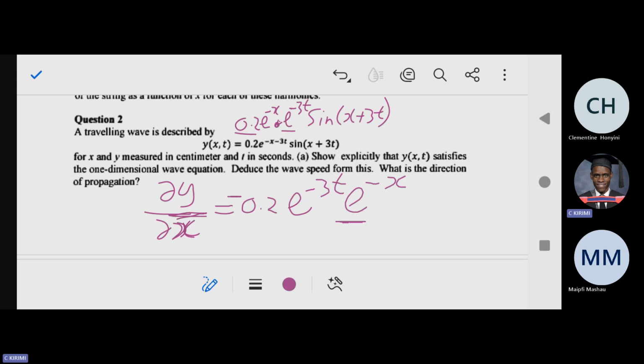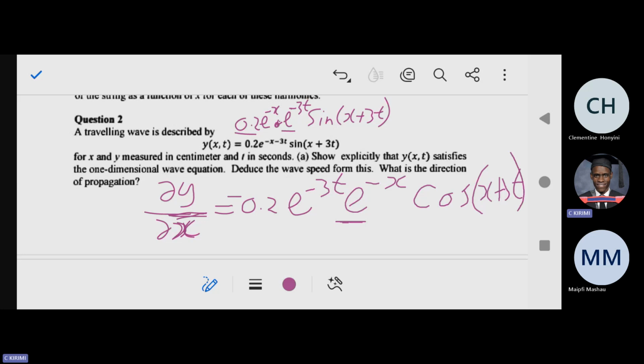Then when you differentiate sine with respect to x, what are you going to get? For sine, you get positive cos x plus 3t.